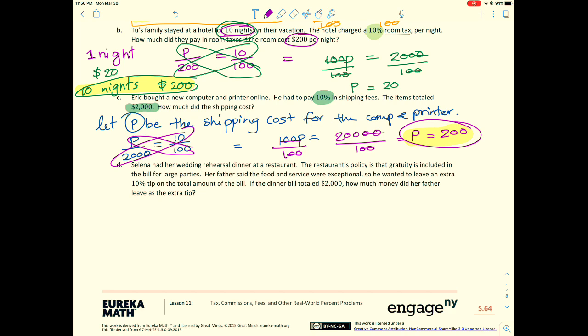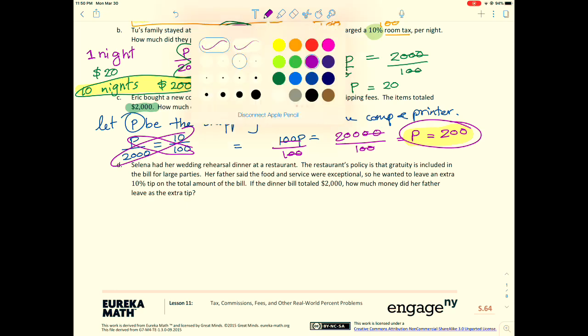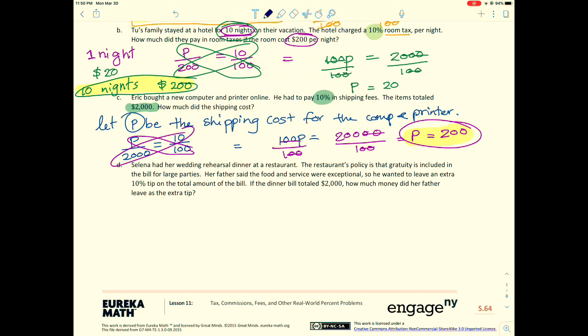Okay, the next one is Selena had her wedding rehearsal dinner at a restaurant. The restaurant's policy is that gratuity is included in the bill for large parties. Her father said the food and service were exceptional, so he wanted to leave an extra 10% tip on the total amount of the bill. If the dinner bill totaled $2,000, how much money did her father leave as extra tip?